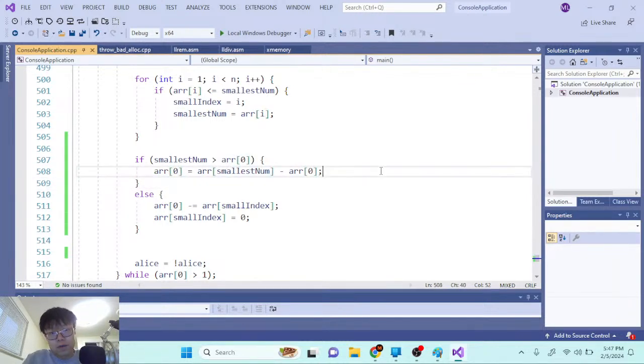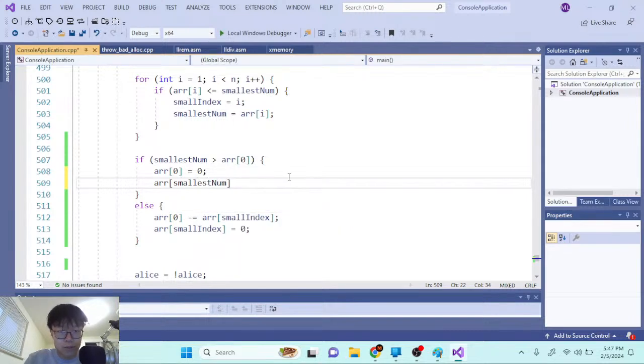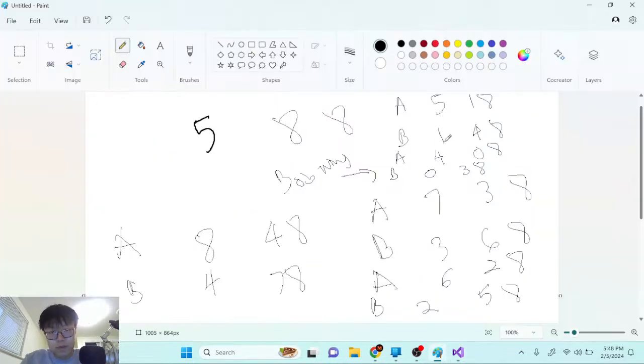Oh, no. r of 0 would equal 0. r of 0 is going to equal 0. And then r of the smallest number, the smallest index, is going to equal r of, what was it?